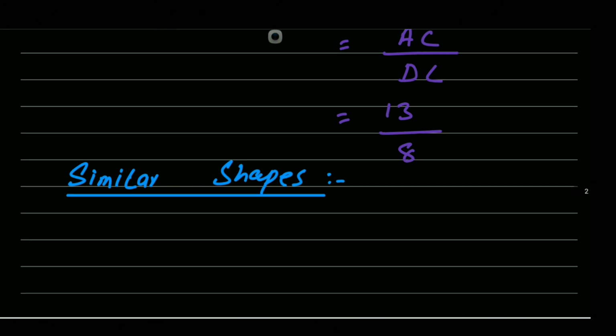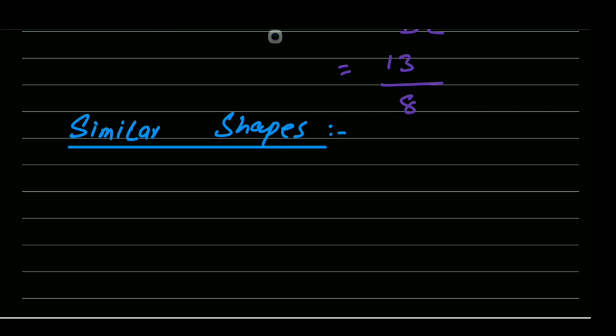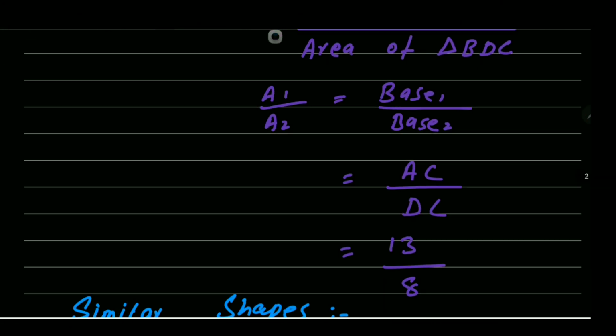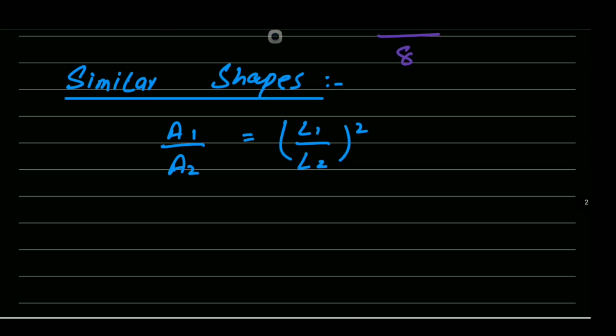So the similar shapes formula is, if the question is asking to find the area or length of the similar shapes, then we use the formula of area. Area 1 over area 2 is equal to length 1 over length 2 whole square. And if the question is asking to find the volume or the height of the similar shapes, then we use the volume formula.